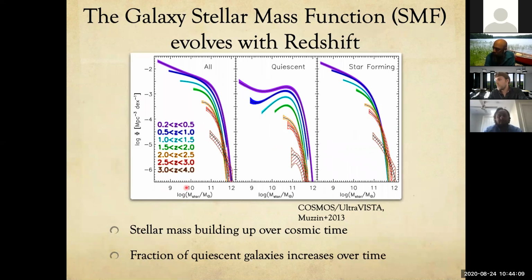So this is a measurement from Adam a couple of years ago now, where you can see on the left the total galaxy population increasing from redshift 4 to the local universe. So this is the total stellar mass content building up. But if you split this by galaxy type, quiescent galaxies have a much stronger build-up over time than star-forming galaxies.